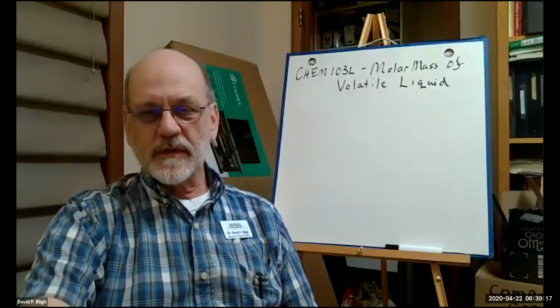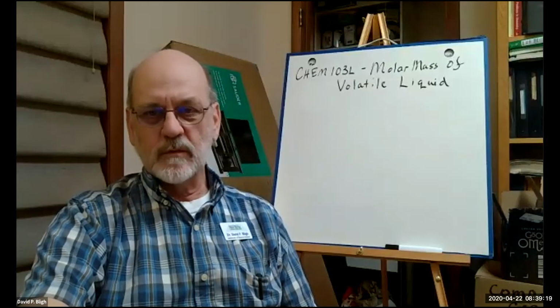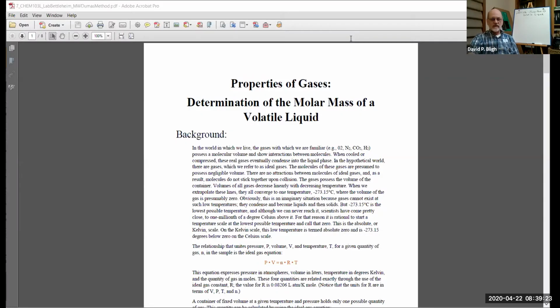So now this is what the actual method will look like. Molar mass of a volatile liquid, sometimes called the Dumas method. The problem with calling it the Dumas method is Jean-Baptiste Dumas created lots of different methods, and it depends on what discipline you're in as to which one is the Dumas method.